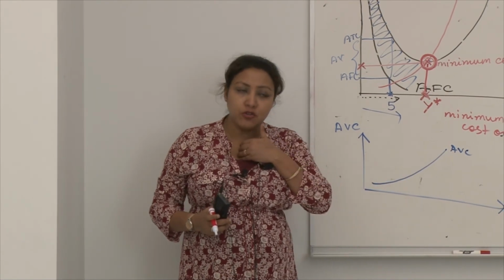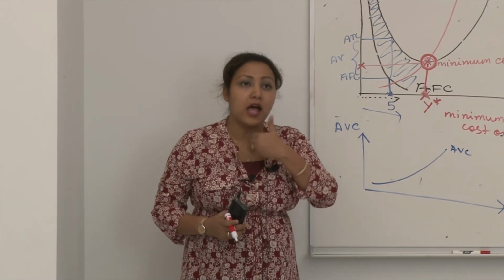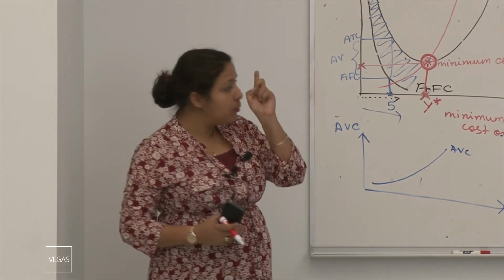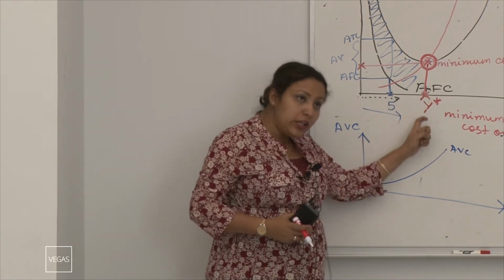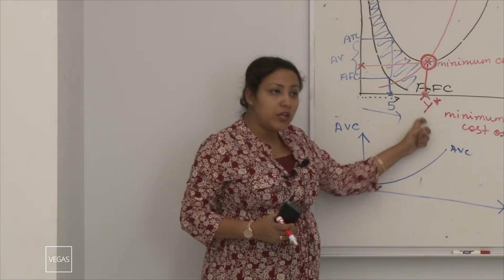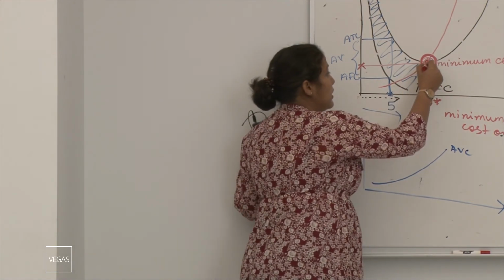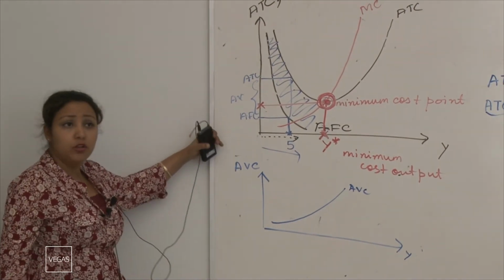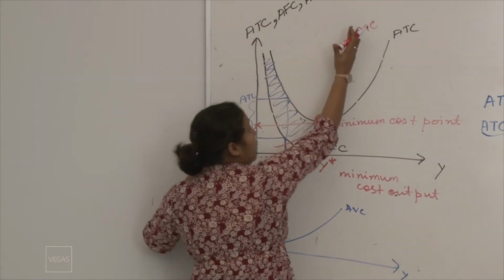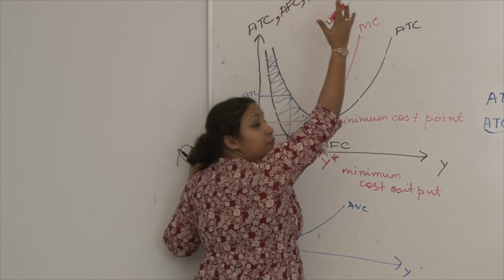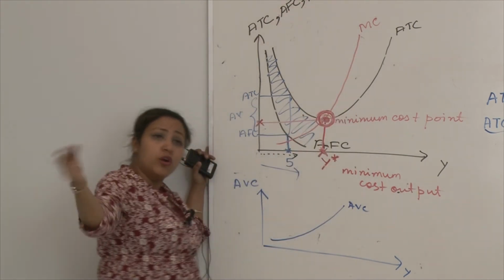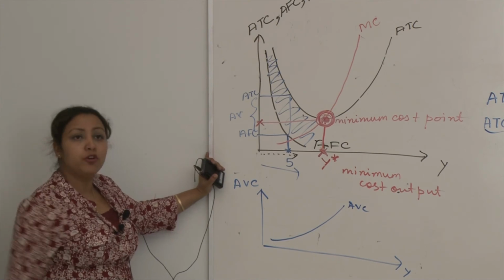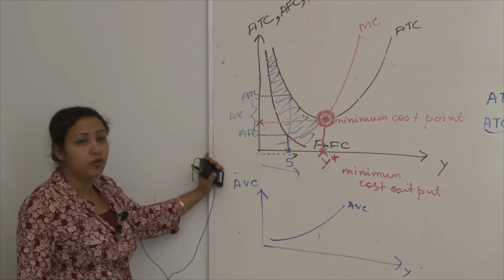So as a rational producer, I would want to hire only those many workers, and produce only those many shirts, for which my MC is exactly equal to my minimum average total cost. I will not want to be in that zone where my MC is rising even further, which means I am bringing in even more and more unproductive workers into the business, like he pointed out. Why would a producer want to do that?